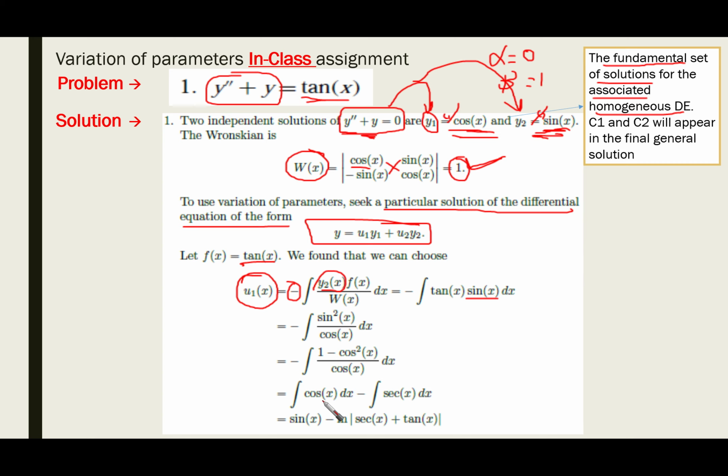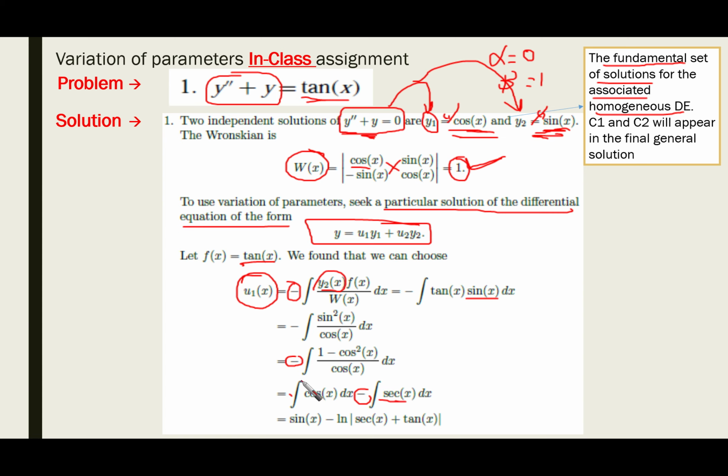Then the integration is 1 over cosine multiplied by minus, which means sec x with the minus here. And cosine squared over cosine is cosine. Take care, minus times minus is positive here. So this is a sound mathematical flow.